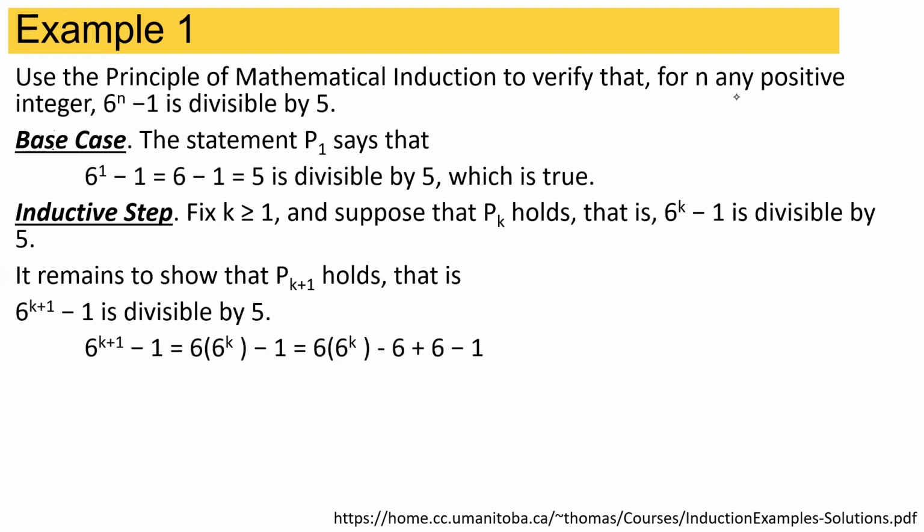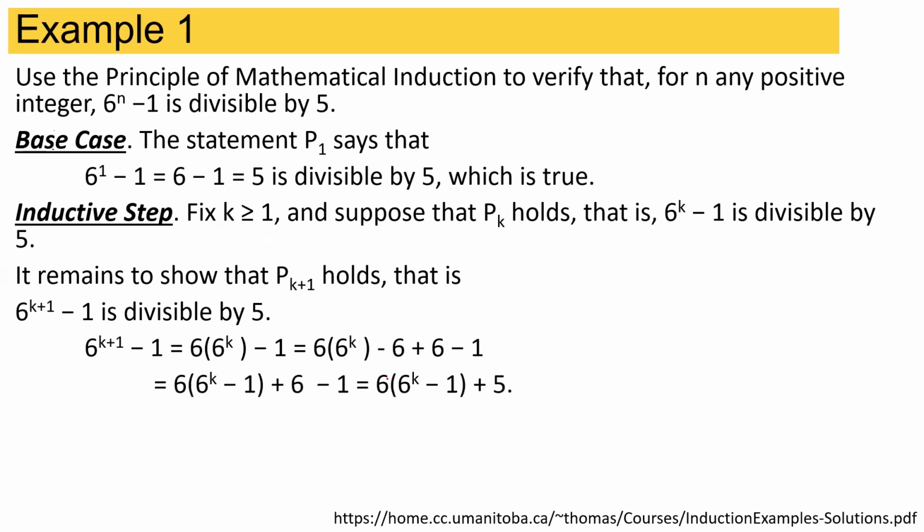For this, we split 6 power k plus 1 as 6 into 6 power k. And then we subtract 6 and add 6. These are simple tricks that come with practice, which will help us in solving mathematical induction steps better.